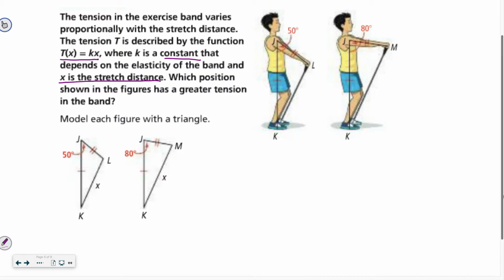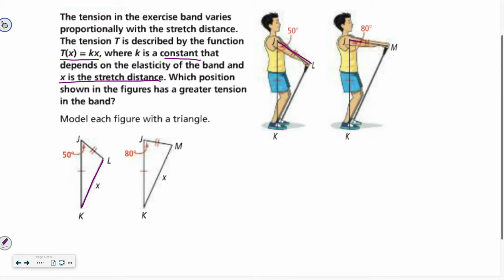Let's compare. I modeled each figure with a triangle, and if we look, with the 50-degree angle, x is the stretch distance. It didn't get pulled as far, right? You can even see his arms are farther down.